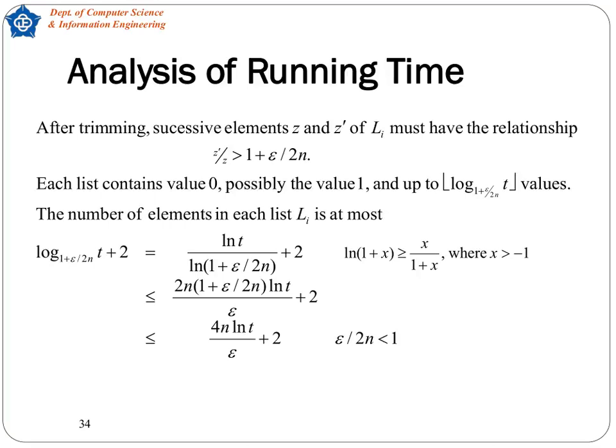Hence, each list contains O((n/epsilon) log t) elements. This key result shows that trimming keeps our data structures small and directly controls the overall running time.